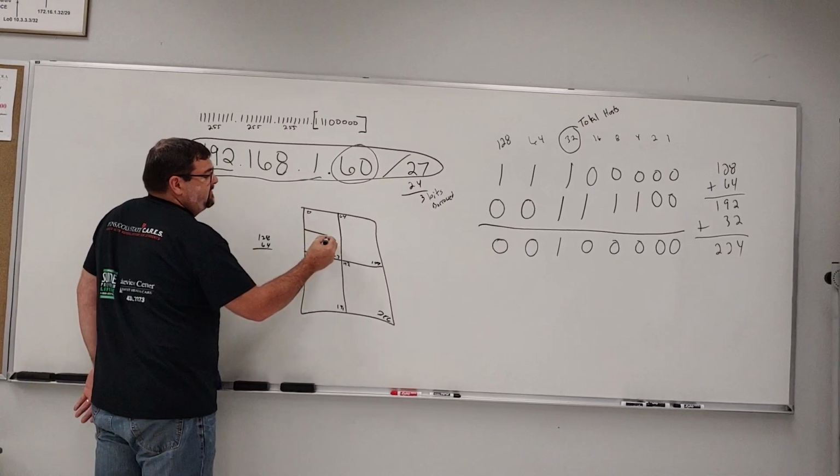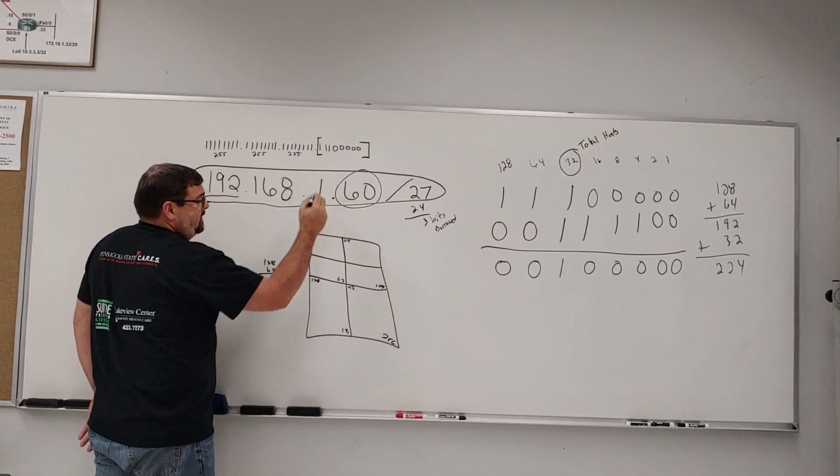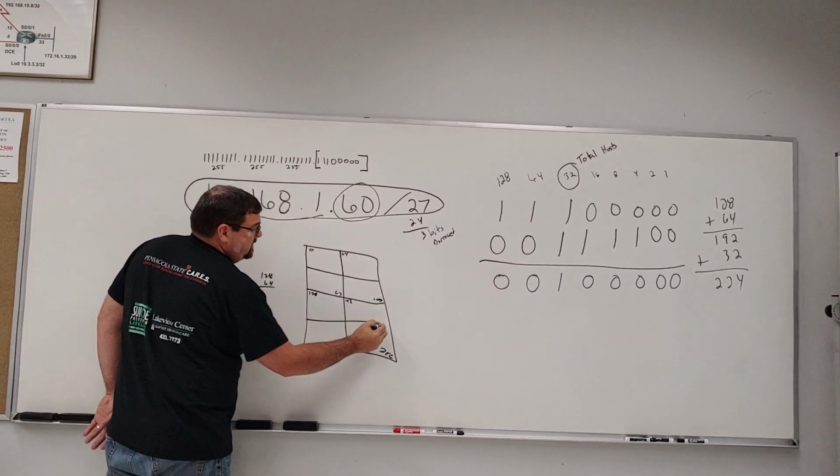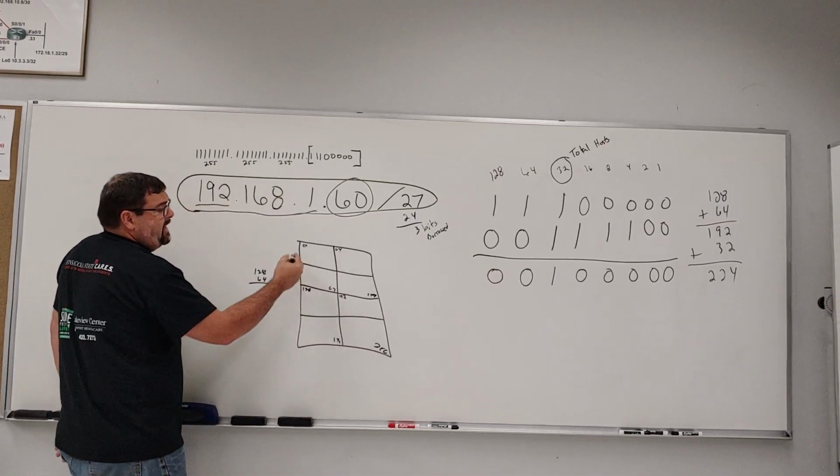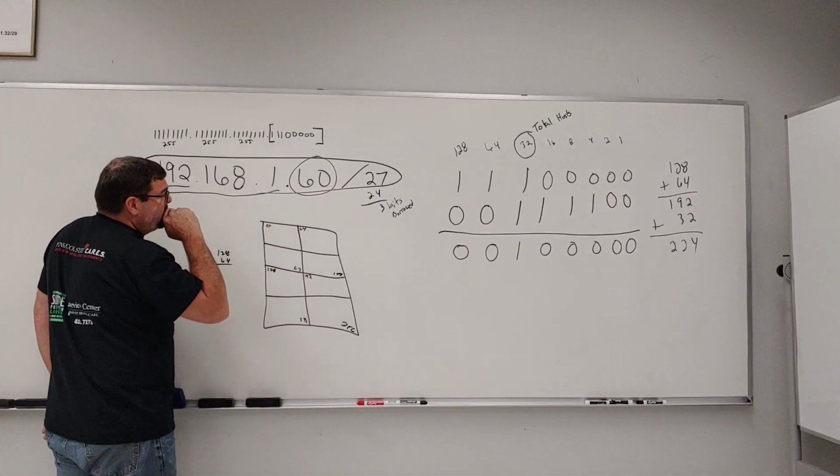So every time that I divide it by getting another bit, certain numbers in the bracket are not going to change.